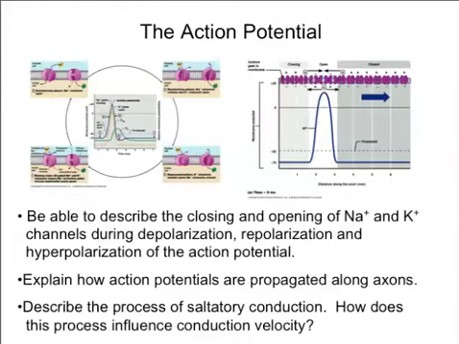You want to be able to explain how action potentials are propagated along axons, both as a saltatory conduction and as a standard conduction method. And how does this influence conduction velocity?